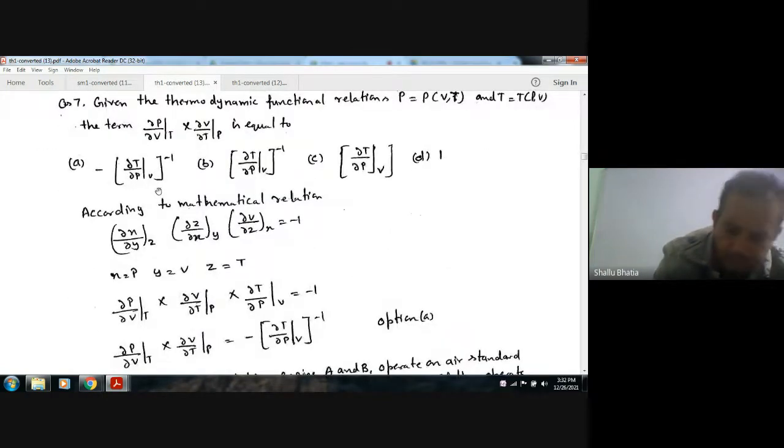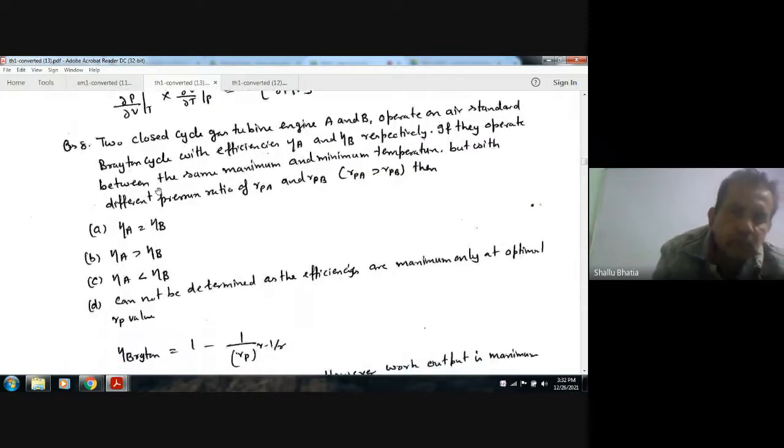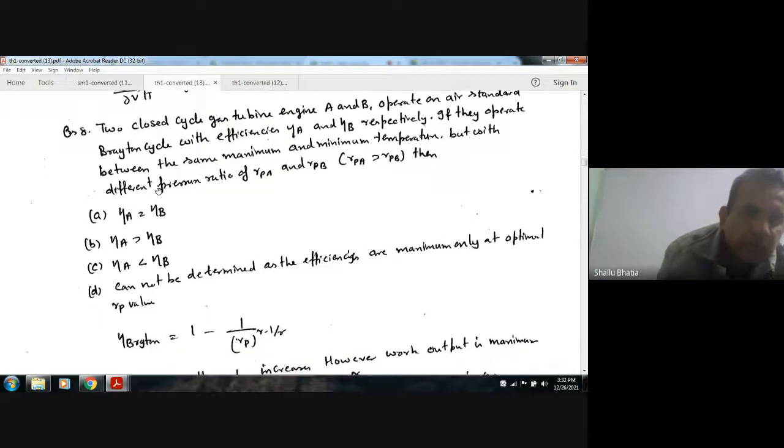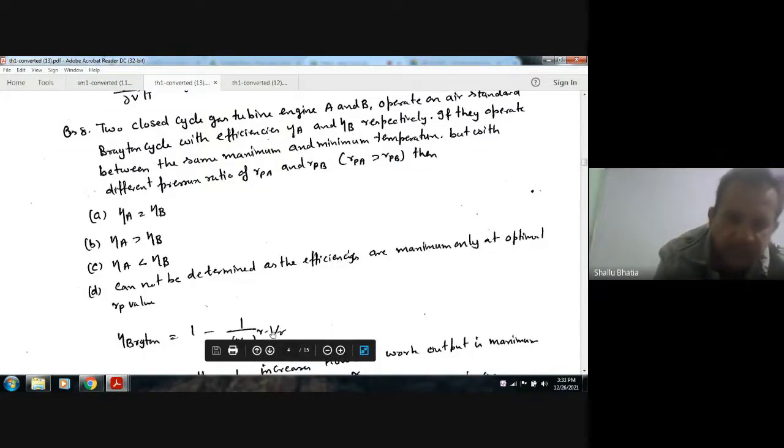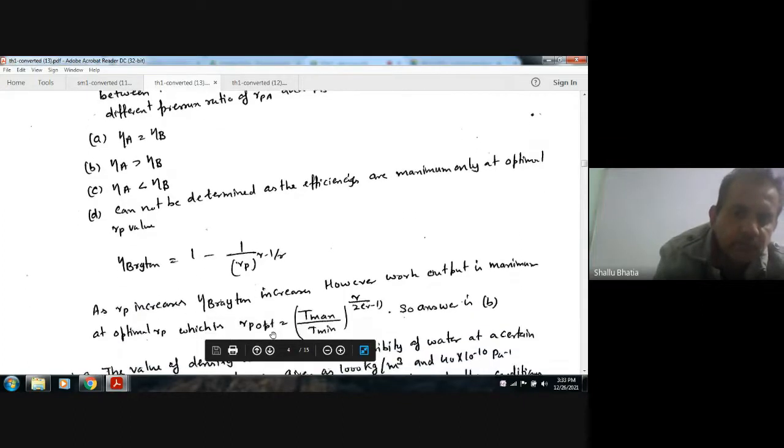Okay, next. Two closed cycle gas turbine engines A and B operate on air standard Brayton cycle with efficiencies psi A and psi B respectively. If they operate between the same maximum and minimum temperature but with different pressure ratios RPA and RPB, with RPA greater than RPB, then the efficiency of Brayton cycle is given by 1 minus 1 by RP to the power gamma minus 1 by gamma.